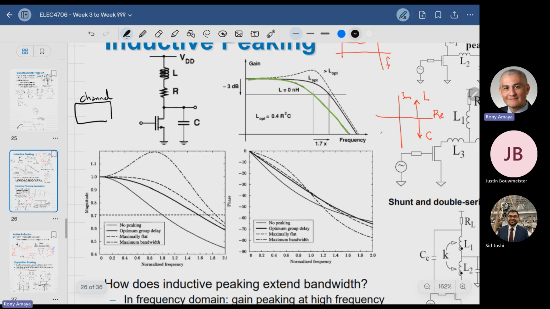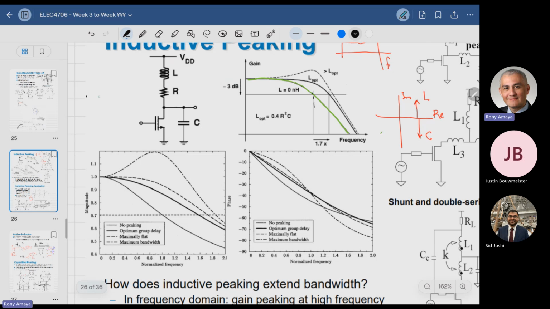Or just don't even bother about the channel. It's just the actual transfer function of the circuit itself. So you've got a first or second order, whatever that is. I'm not really going to get into orders, but you've got a roll-off. You've got a pole frequency.